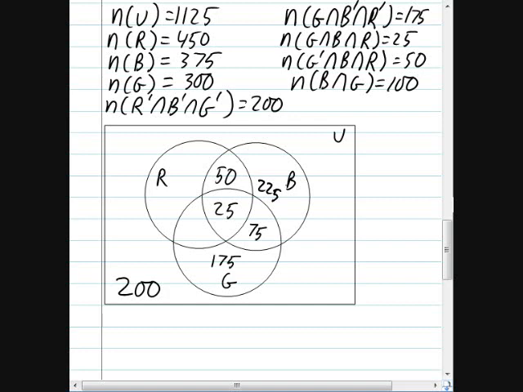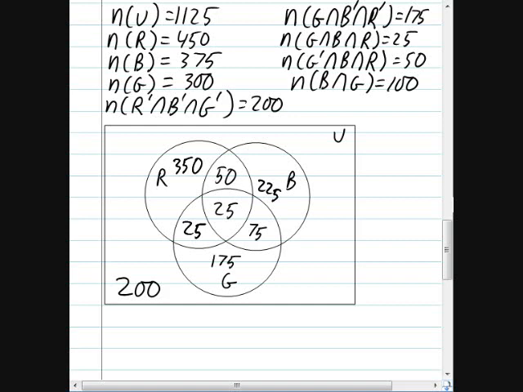There should be 300 people in the set G, which leaves 25 people in this portion of G. And finally, using the same logic with the set R, we've already used up 100 people in the set R, which leaves 350 people to be in this portion of R.